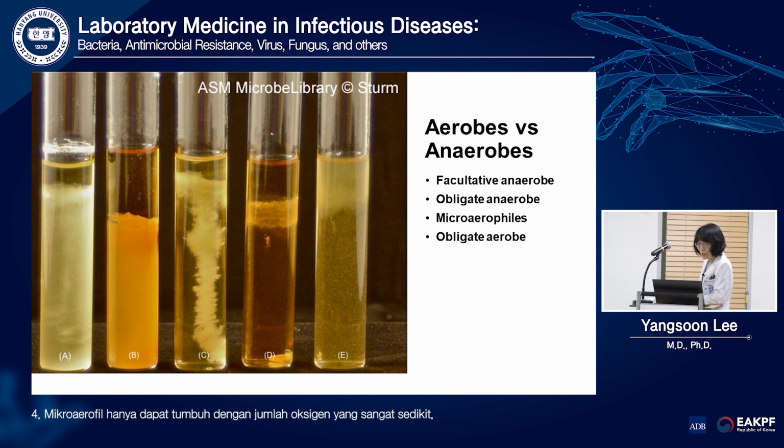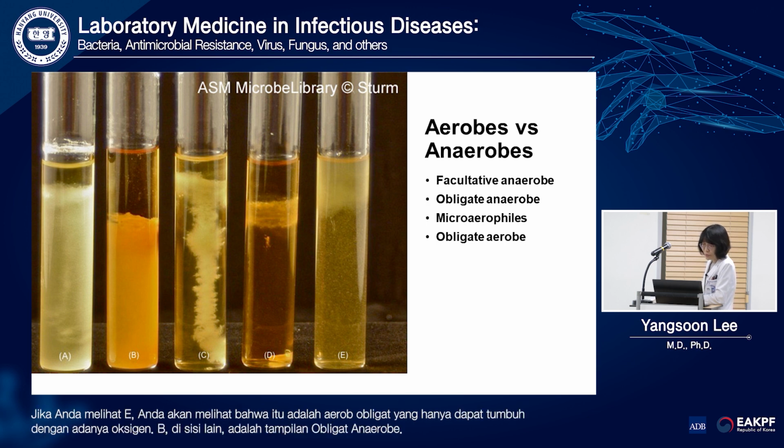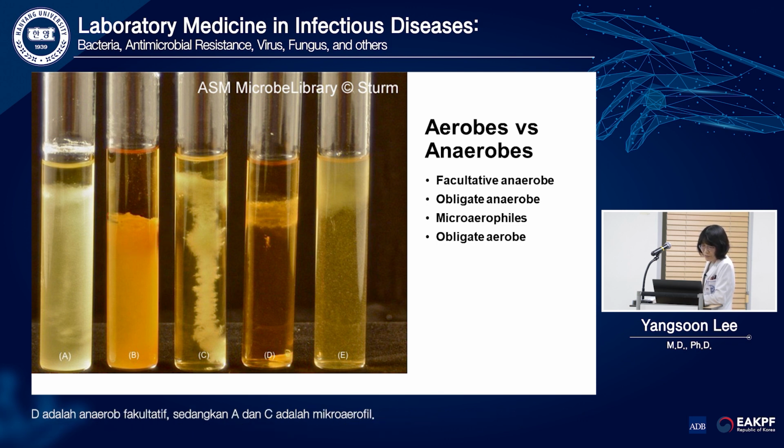Microaerophiles can only grow in the presence of a very small amount of oxygen. If you look at tube E, you will see that it is an obligate aerobe that can only grow in the presence of oxygen. B, on the other hand, is the obligate anaerobe appearance. D is a facultative anaerobe, while A and C are microaerophiles.